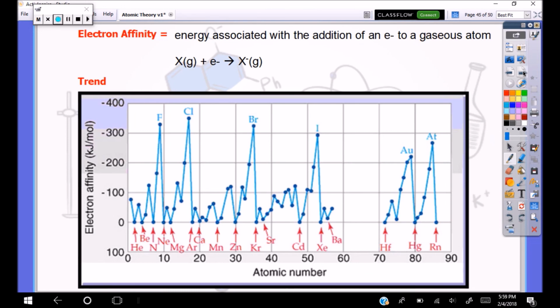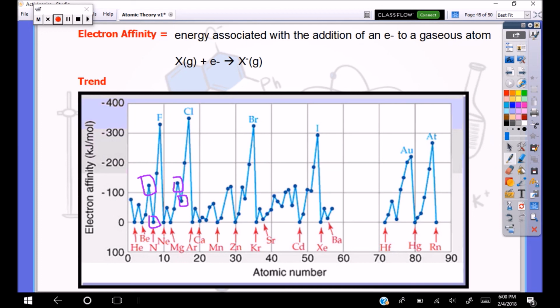But if we try to force electrons onto other things, it's not as favorable. We typically see some issues with electron affinity with these peaks here. And again, the reason those peaks occur, you've got to think about that transition between the P3 and P4 parts of the sublevel, or the S2 to P1.